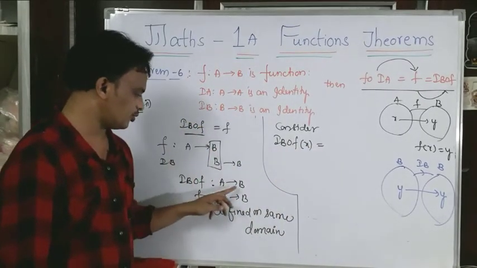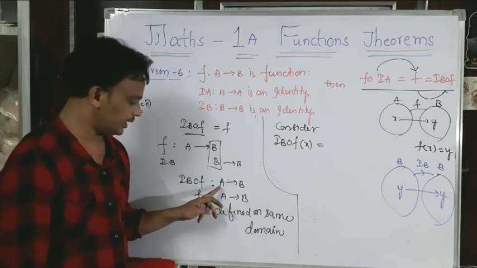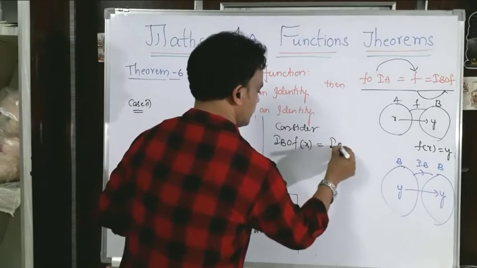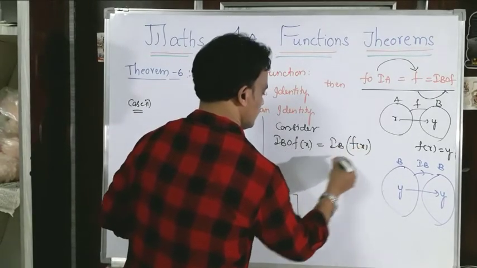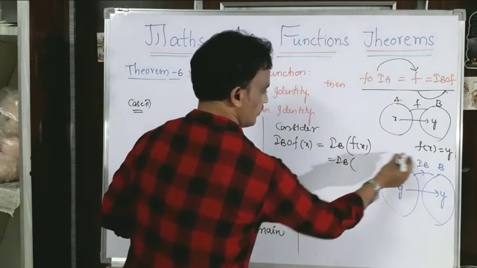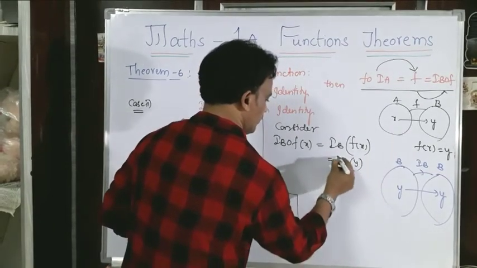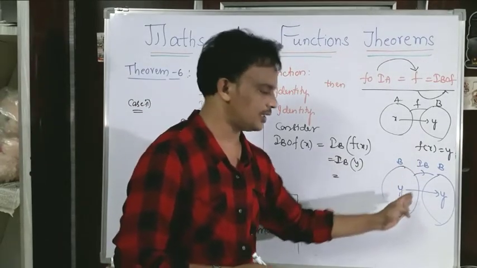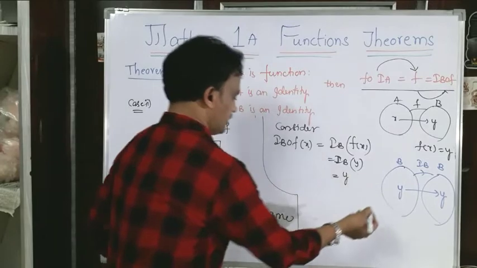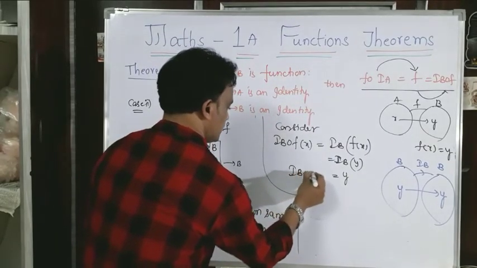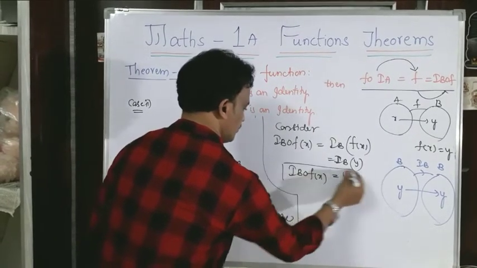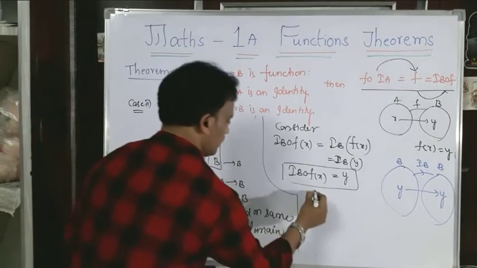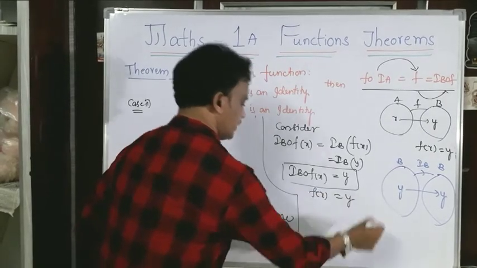Because it is defined from A to B. Take one element X in A. IB circle F of X means IB of F of X, which equals IB of Y, since F of X is Y. Identity function IB of Y gives Y. So IB circle F of X is equal to Y, and already F of X is also Y.